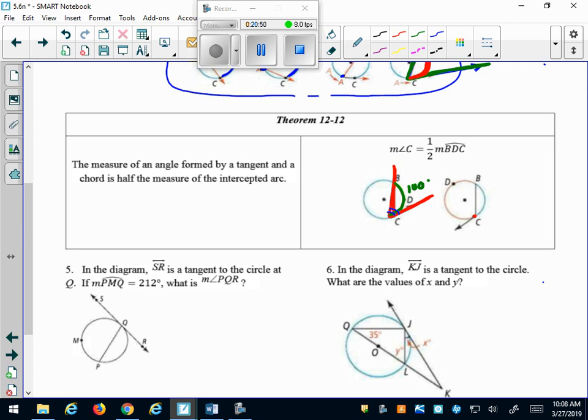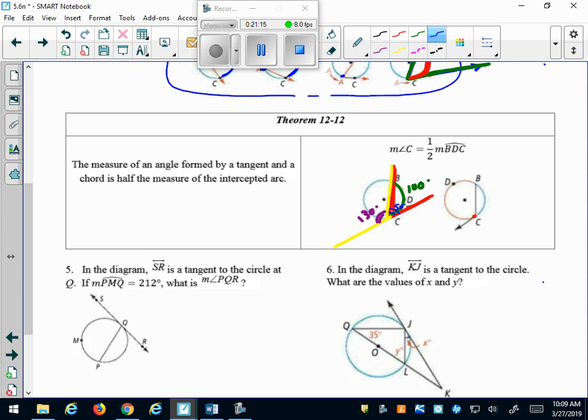So what would it be? 50. Okay. Now, imagine that we look at the angle that's going in the other direction. In other words, the angle that's forming a linear pair with 50. How many degrees is this one going to be? 130, because linear pair, right?